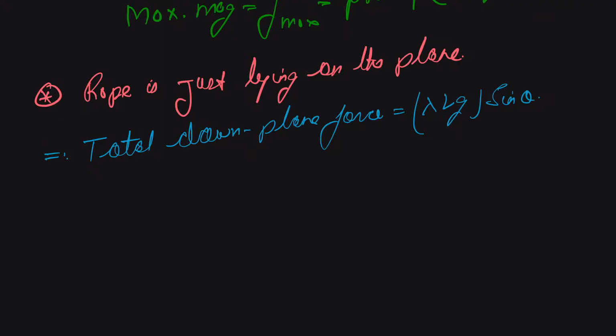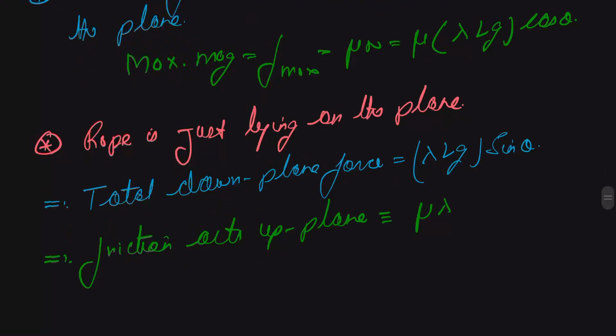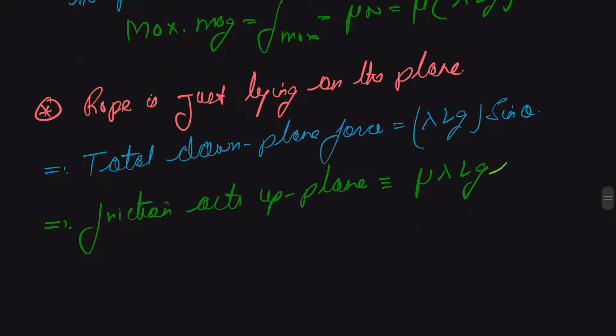And obviously friction will be in the opposite direction. Therefore we can say that friction acts up the plane, and its value is mu times lambda L g cos of theta.